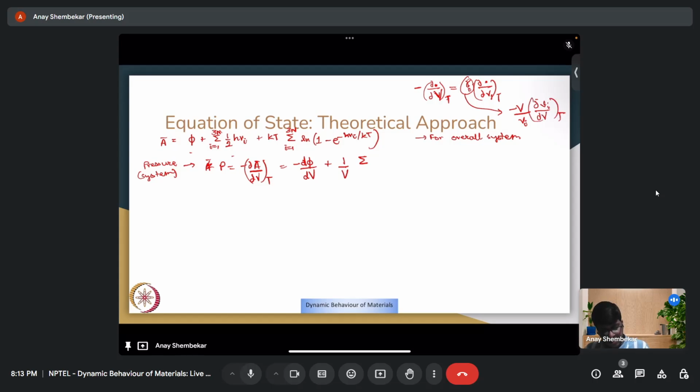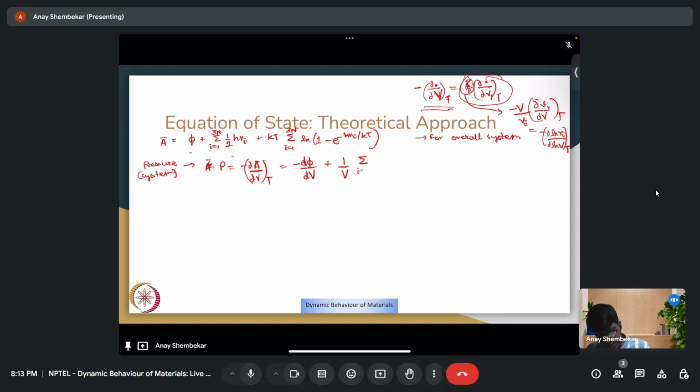This is gamma i, which is nothing but minus the partial derivative of log of nu i with respect to log of volume V at constant temperature. So instead of using this term, we will be using this term, and we have a constant gamma i defined as follows.